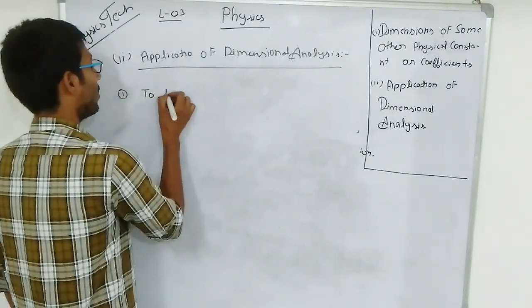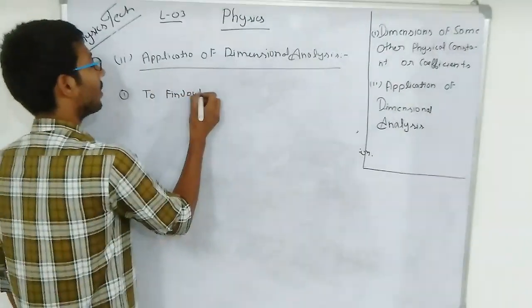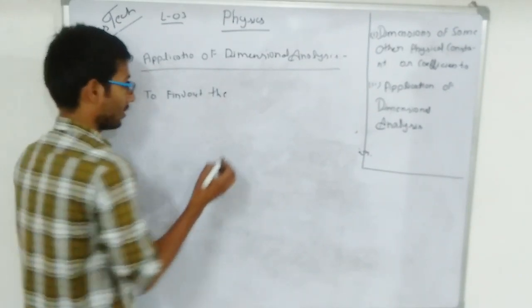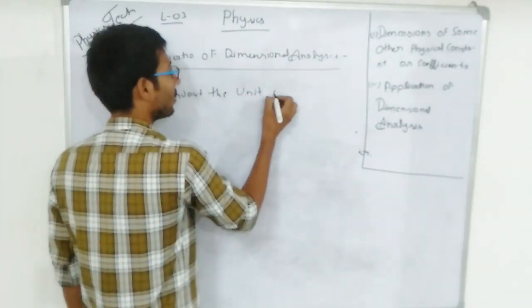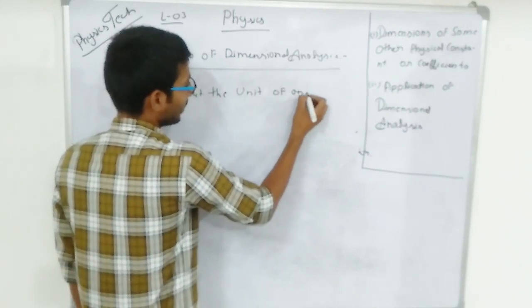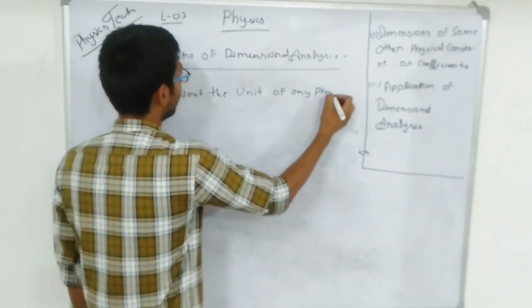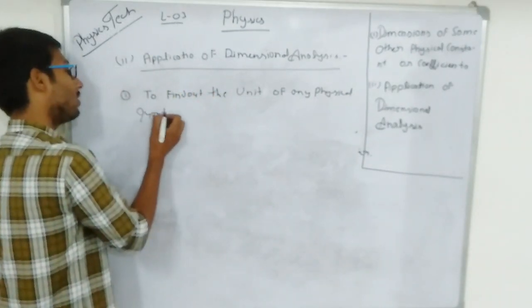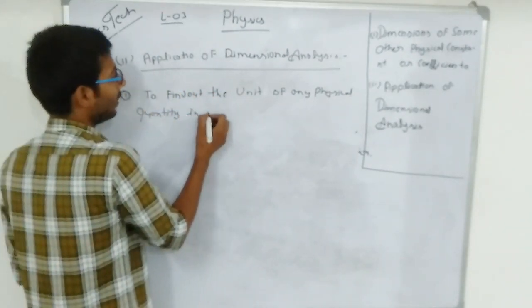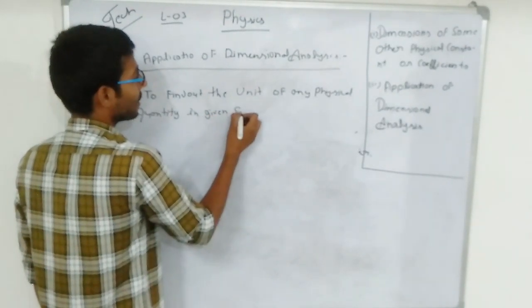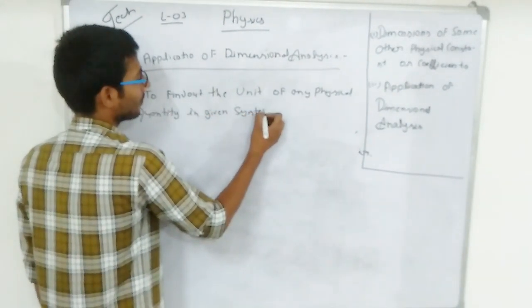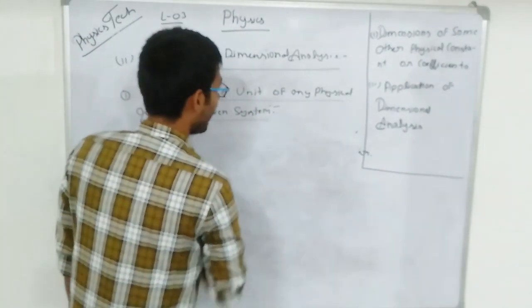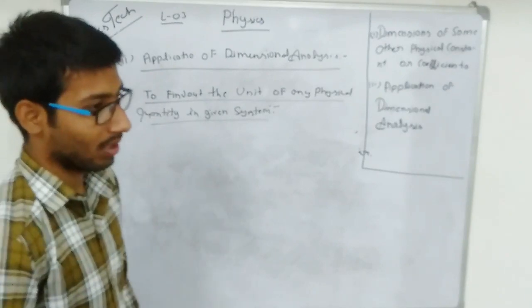Number first, to find out the unit of any physical quantity in a given system.